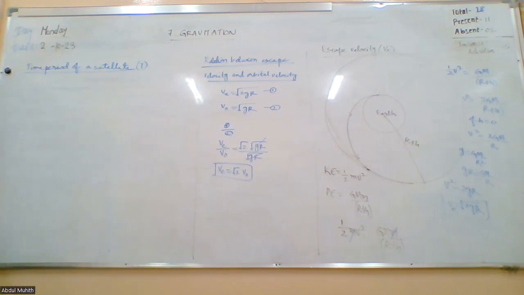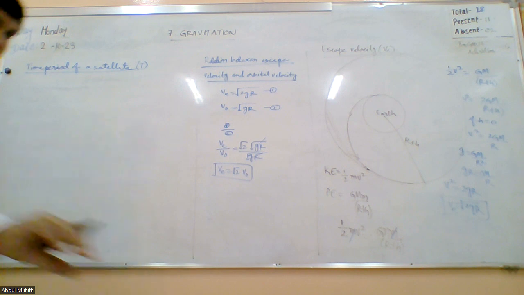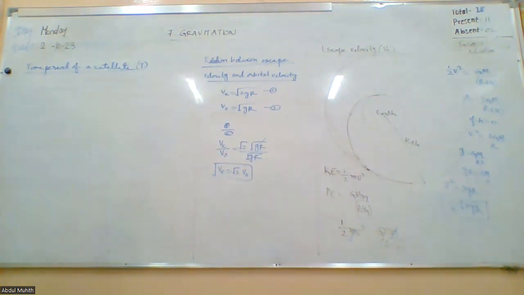So we need orbital velocity here. Why do we need orbital velocity in this derivation? Very good. Orbital velocity is the velocity with which the satellite is revolving around the Earth.